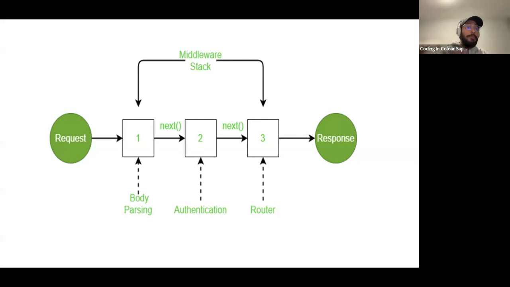But with this, you send in a request. It goes step by step. The first thing it will do is assess the body of the request, as in what you're sending in. In this case, it's login, right? We send in our login info, in other words, the username and password.